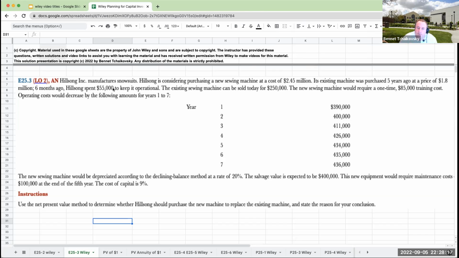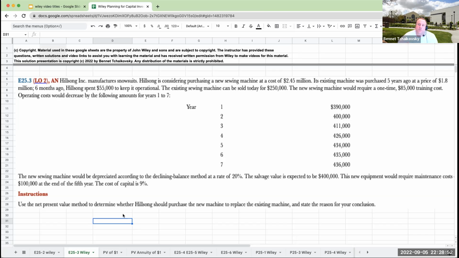But we also have the depreciation, and there's no way without understanding the tax benefit of it. When we look at depreciation with net present value, we're more concerned with cash flow than we are with depreciation. Now, if this was to save us something in tax, possibly, but we don't have enough information. Salvage value, this is how much I'm going to get in year 7. The new equipment requires maintenance costs of $100,000 at the end of the 5th year. Cost of capital is 9%.